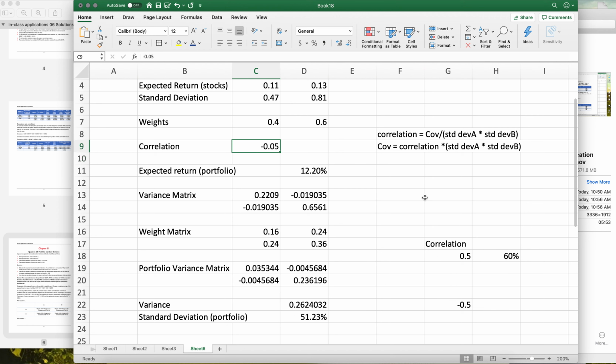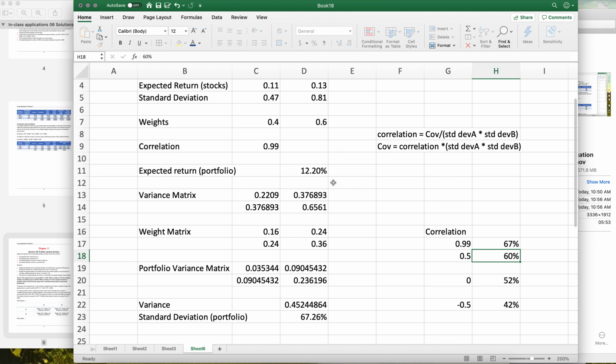When it's that, it's 42%. Let's make it 0. Let's make it 0.99. 67%. And then let's make it negative 0.99. Let's do one or two in the middle. 0.25.